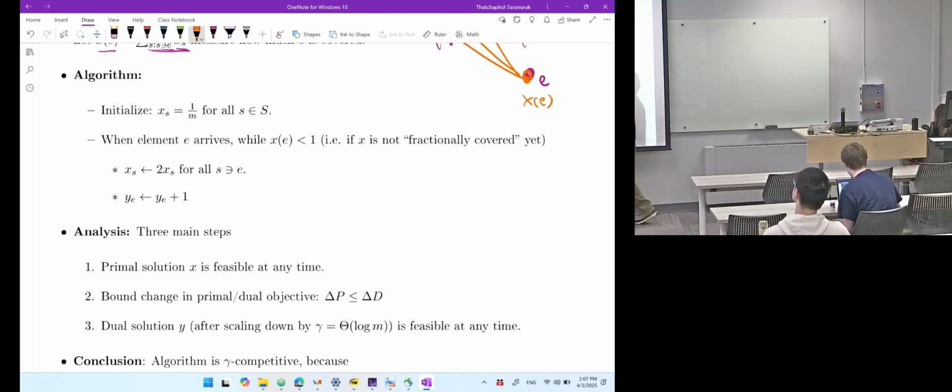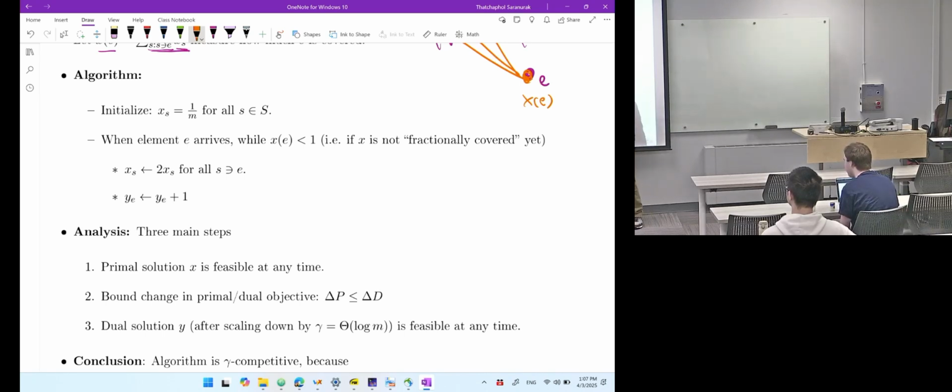And lastly, the dual solution is almost feasible. If the dual solution were feasible, then together this would mean that we get an optimal solution, right?